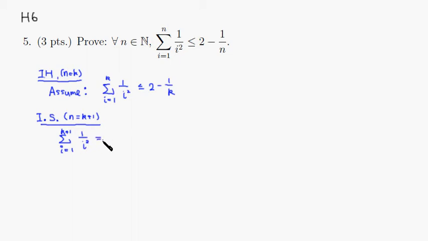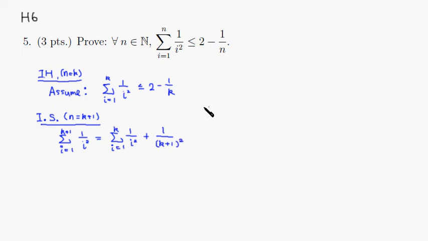You can see that the only difference between this summation and the previous summation is that there's one more term. So this is exactly the same thing as the summation i goes from 1 to k of 1 over i squared, plus one extra term, which is when i is k plus 1, so it's going to be 1 over quantity k plus 1 squared.